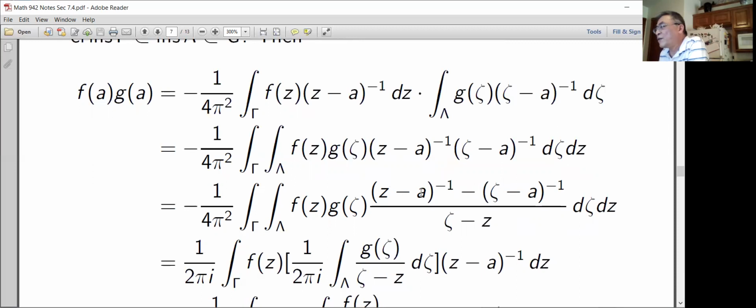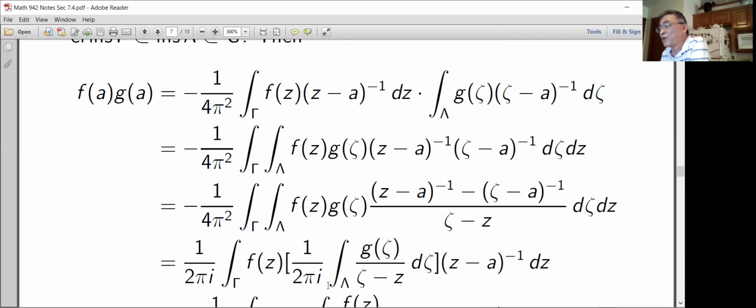For the (z minus a) inverse term, that's the first term, we write the iterated integral in the same order: we integrate with respect to zeta first over lambda, then we integrate with respect to z over gamma.